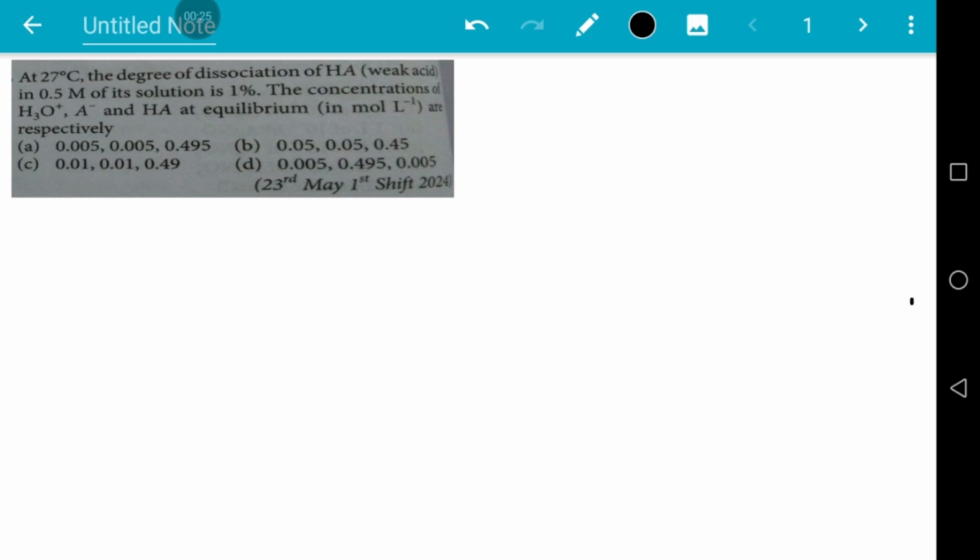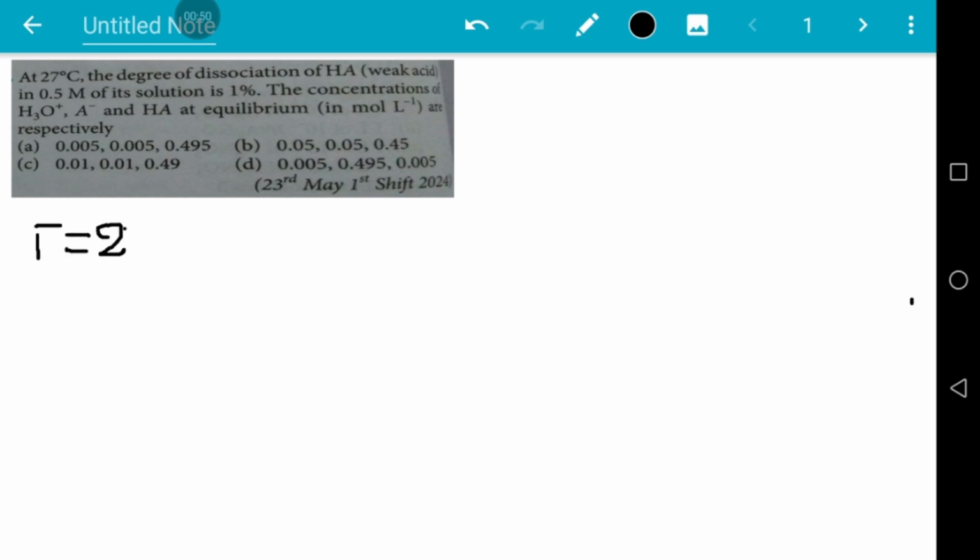First question: at 27 degrees, the degree of dissociation of HA in a 0.5 molar solution is 1%. They are asking the concentrations of H3O plus, A minus and HA at equilibrium, respectively. Given information: temperature is 27 degrees Celsius.